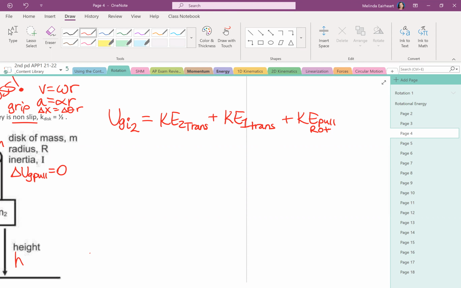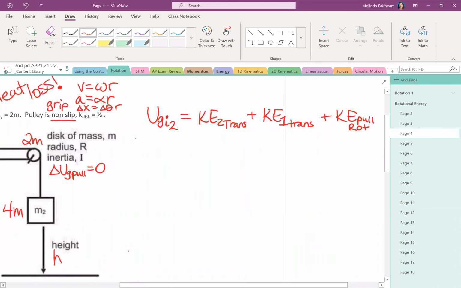And so U, potential energy for block 2, is 4mgh, I'm going to say. We could go generic, or we can plug in the mass factors from the beginning. The translational kinetic energy for block 2 is going to be 1/2 of 4m times Vf squared.